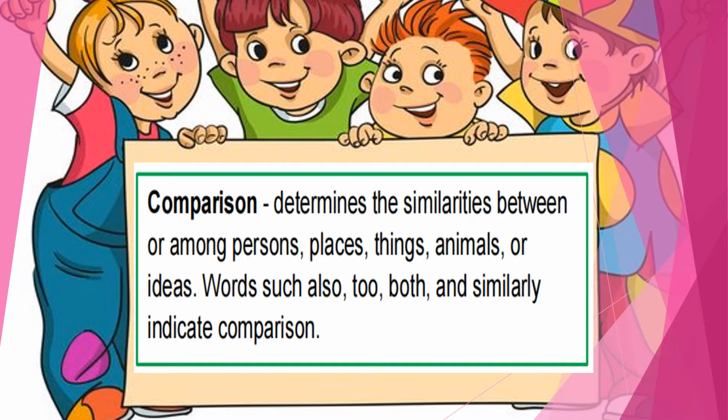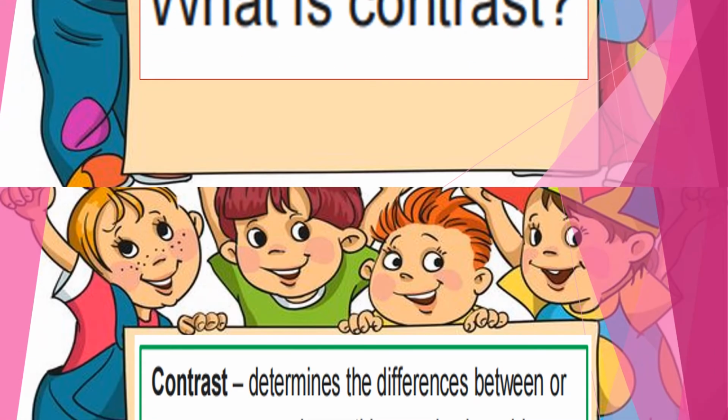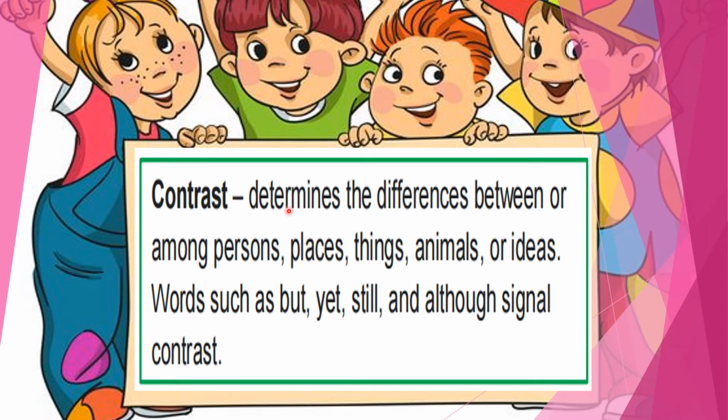Okay, next one. What is contrast? Everybody, what is contrast? Contrast determines the differences between or among persons, places, things, animals, or ideas. Words such as but, yet, still, and although signal contrast. Okay? Everybody read it again.